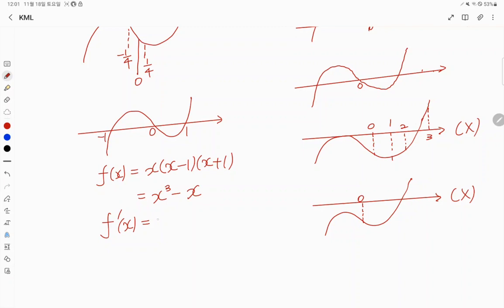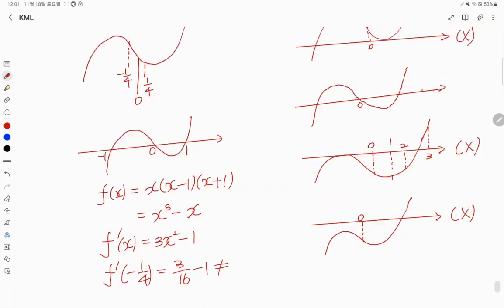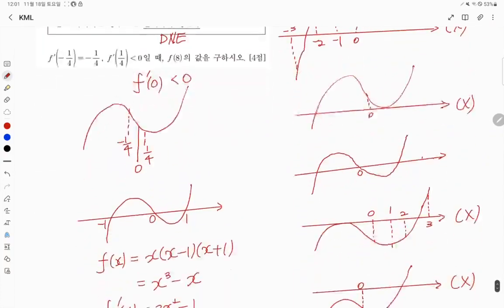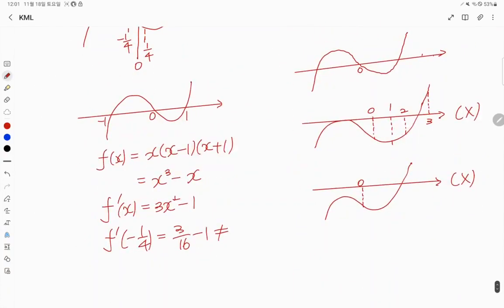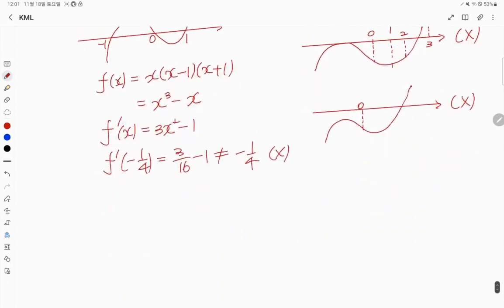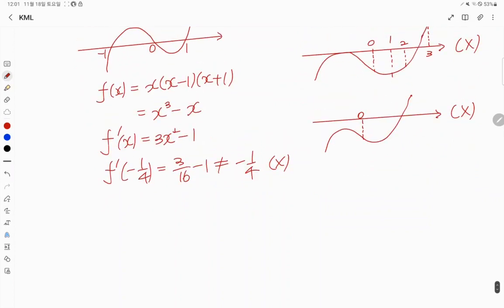And if we make the differentiation, f prime of -1/4 is not -1/4, and because of this condition, this case is not what we want.